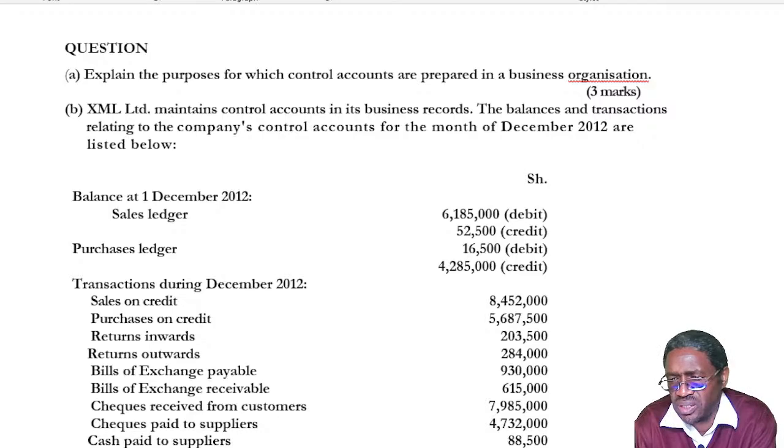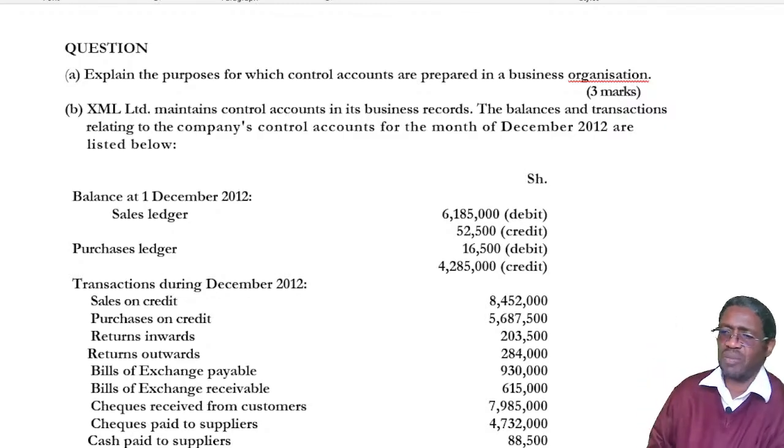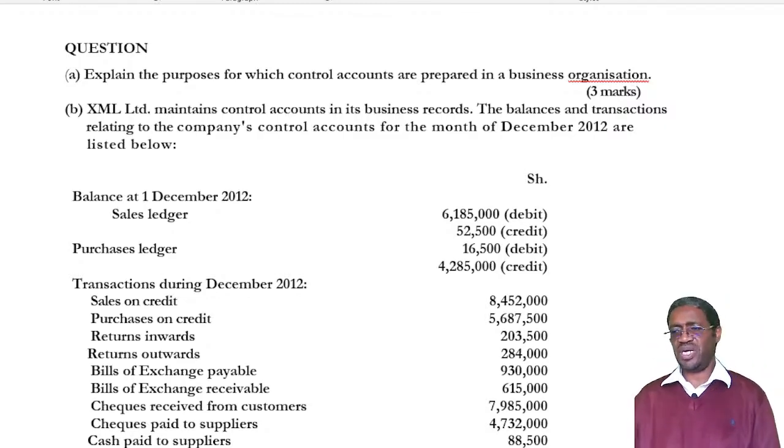Then you are given transactions for December. Sales on credit, purchases on credit, return outwards, bill of exchange payable, bill of exchange receivable, checks received from customers, checks paid to credit suppliers, checks paid to suppliers. Let me roll the question.